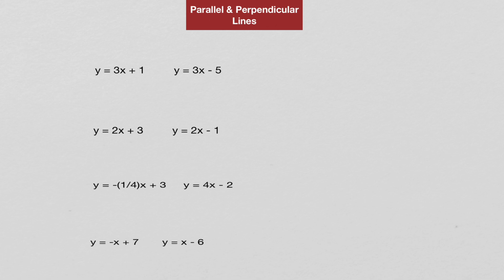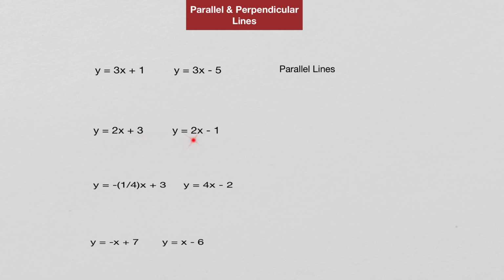Here we've got 4 examples, so let's take a look at the first set. y equals 3x plus 1, and the other equation is y equals 3x minus 5. If we take a look at the slope here, we have a 3 and a 3. Since they're both the same, they should be parallel lines.